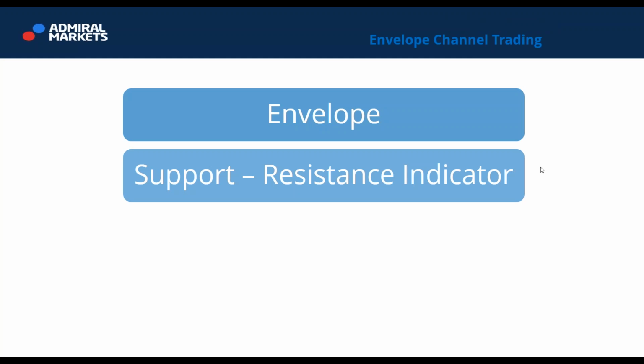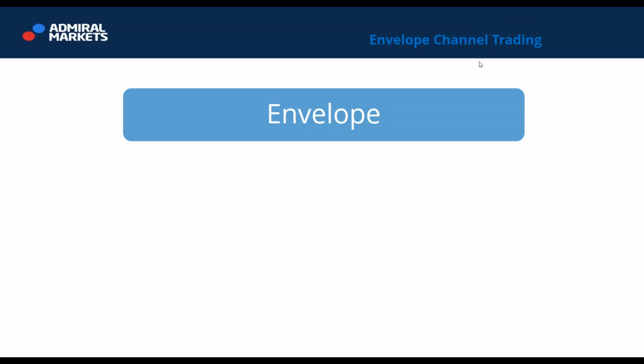That's why we can try to see what happens with envelope channel trading. We have an envelope indicator that will move with the price. So the word repainting is not a good word for envelope indicators or regression-based indicators like center of gravity.